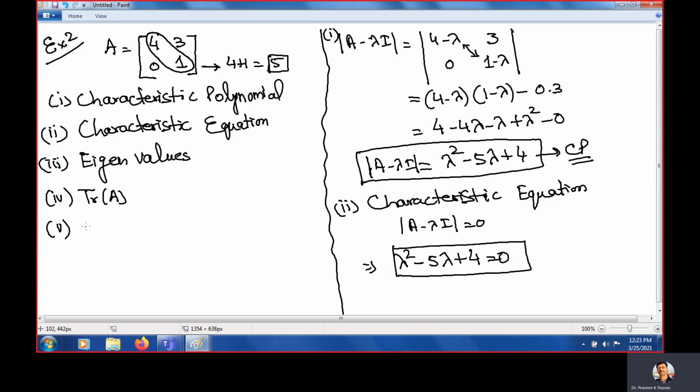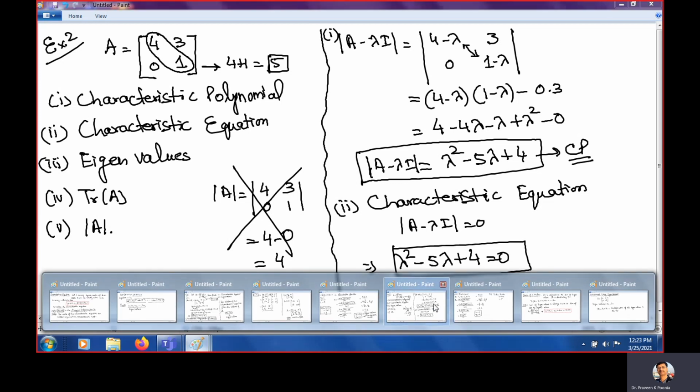This thing you need to remember, that determinant is equal to the product of the eigenvalues. Clear? So what is the next question here? Next question is, what is the value of the determinant? So for the value of the determinant, we are not going to find it as 4 into 3 into 0 into 1, and then 4 into 1 is 4, 0 into 3 is 0, so 4. No, we are not going to find it like this. This is the technique where we do not know the eigenvalues.